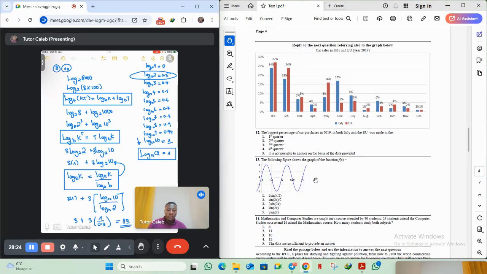We move to question 12. Question 12 says, reply to the next questions referring also to the graph below. We have cash in Italy and European Union in the year 2019. Whenever they give you questions on numerical reasoning, make sure that you read the title of the graph, because sometimes information that is key is going to be found in the title.